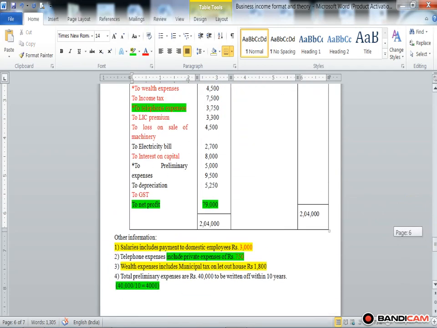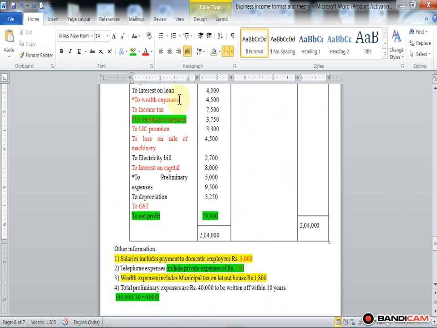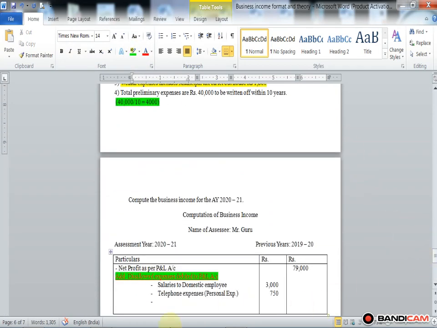Okay, then third adjustment is related to wealth expenses. So wealth expenses are now taken into consideration, so we highlight them in green color.